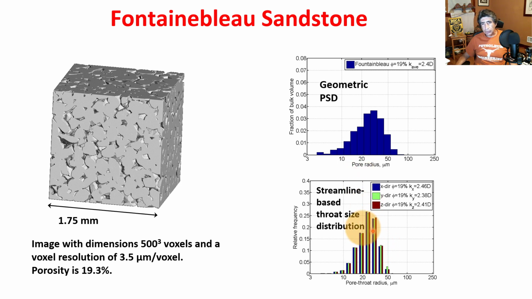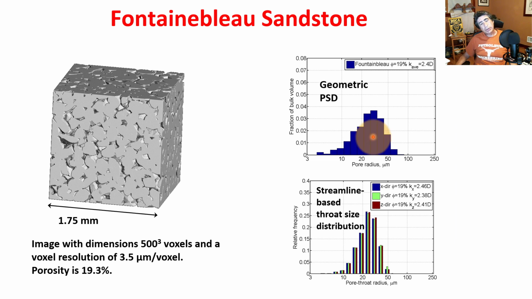Now, we can also, by mathematical means, do a streamlined approach to characterize the throat sizes. The throat sizes are described on the lower diagram here, where the throat radius varies anywhere between 10 micrometers and 50 micrometers. So we have a histogram for the distribution of throat sizes and a histogram for the distribution of pore sizes.